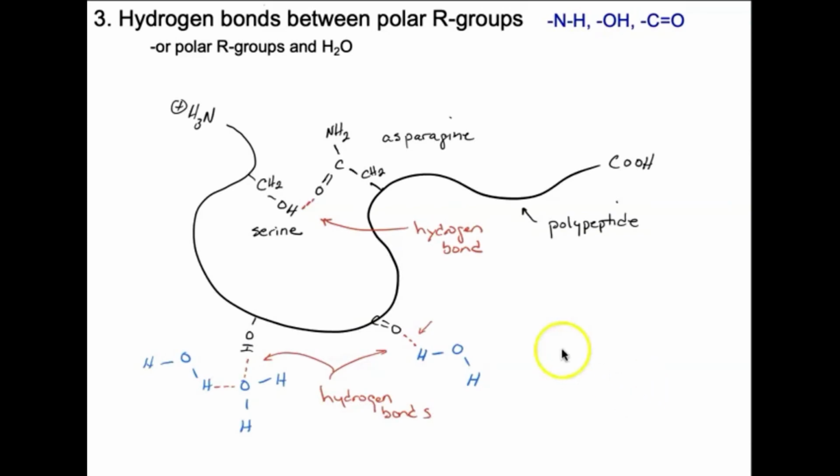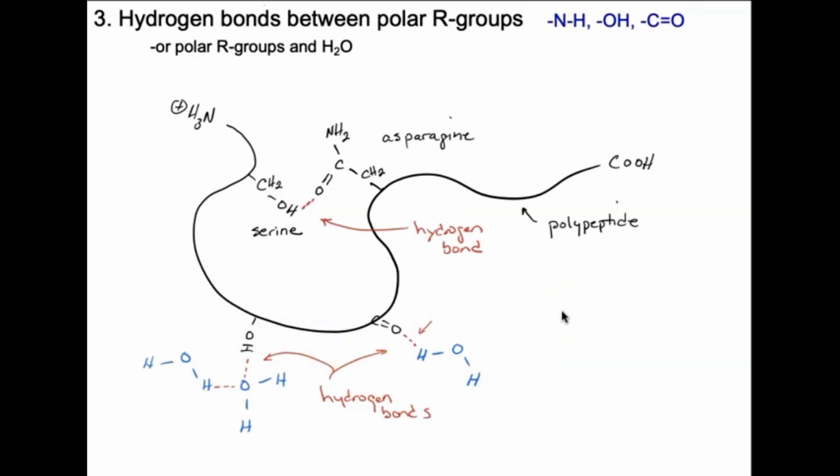So I did want to show that if you have a hydroxyl type functional group in an R group, then the partial positive of the hydrogen is going to associate with the partial negative of the oxygen in water. So what you end up with is a solvation shell, right?